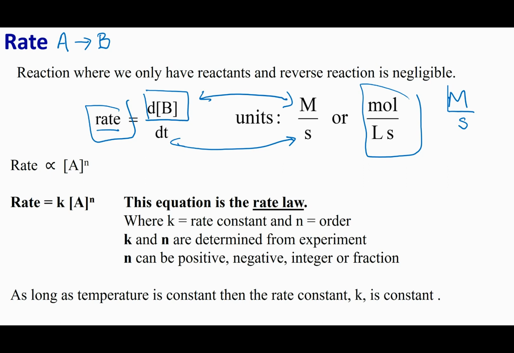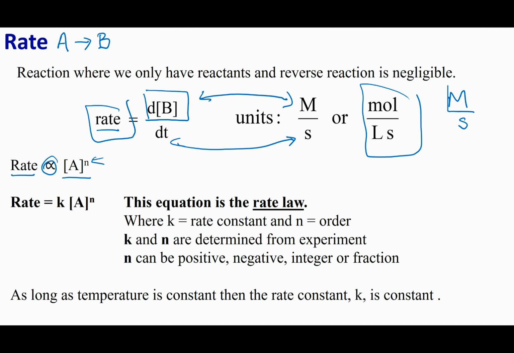And so what I'm going to do is say to you guys that the rate is dependent on the concentration of my reactants, and I don't know how it is affected by that concentration. And so I'm going to raise that concentration to the nth power, and I know there's a proportional relationship between concentration and the rate of my reaction.